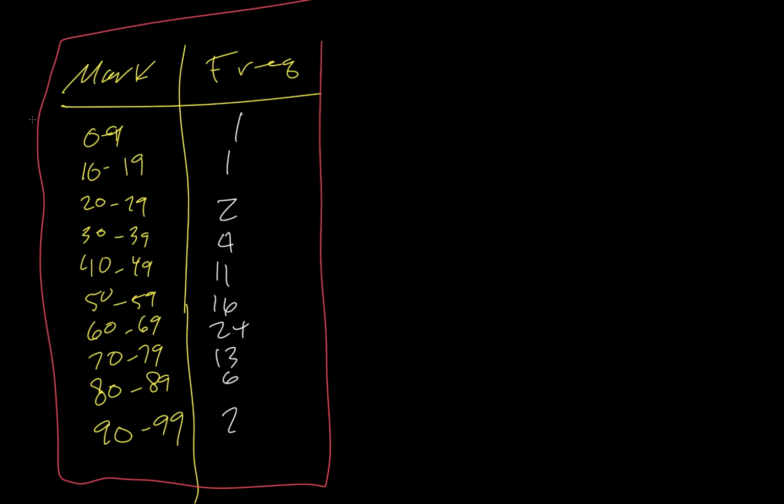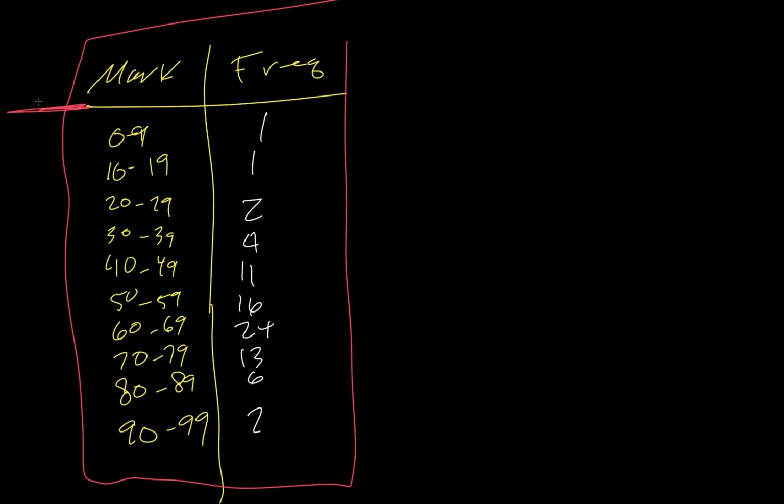So what we're going to want to do, if you remember, we had a previous lesson where we found mid-interval values, and so it's just going to be 4.5, 14.5, 24.5, etc. So you want to do that first.